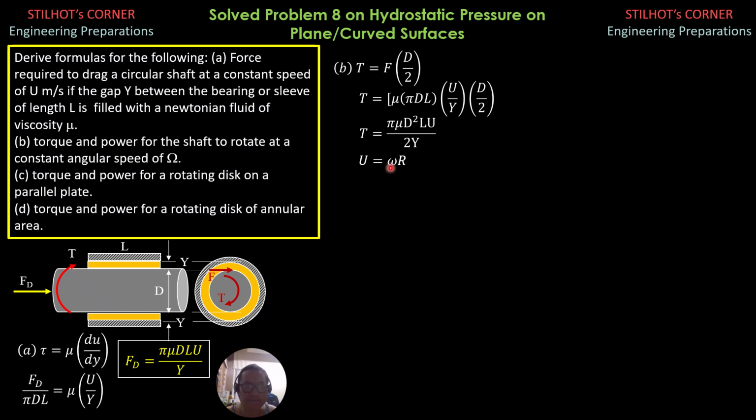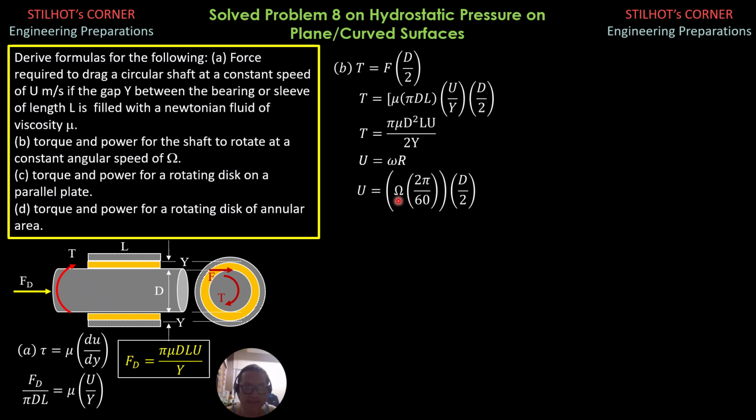This should be the angular speed in radians per second. If we replace that by omega in revolutions per minute, we must convert it to radians per second, by multiplying by 2 pi radians per revolution, then dividing by 60 seconds per minute. So that's why it is omega times 2 pi over 60, and r is replaced by D over 2.